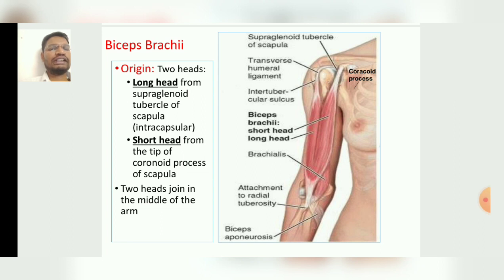The first head is the long head, which originates from the supraglenoid tubercle of the scapula and lies intracapsular, and the second head is the short head, which originates from the tip of the coracoid process of the scapula. These two heads join in the middle of the arm so that the biceps gets its contour shape.